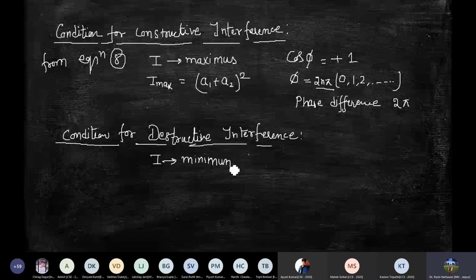So for I minimum, cos phi will be -1, not 0. It will be -1.